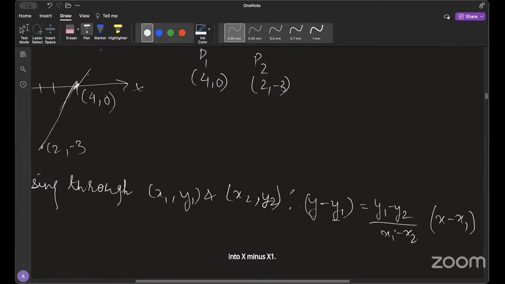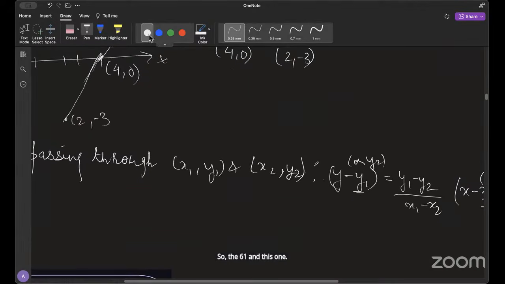Or in place of this y1 and x1, you can also take y2 and x2. Let's consider these 2 points, one as (x1, y1), the other one as (x2, y2).